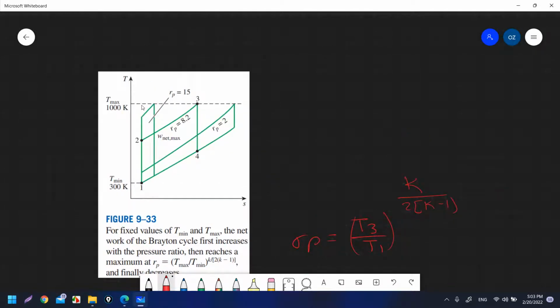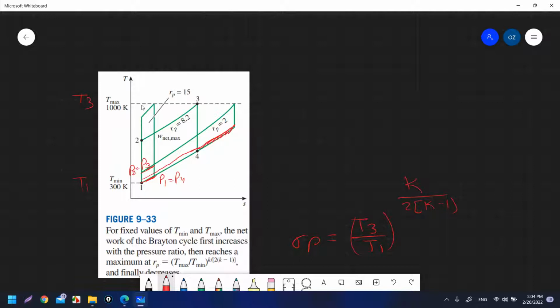Here, this graph represents that we have T maximum, the maximum limit, which is equal to T3, and T minimum, T1. By increasing the pressure ratio, what is the meaning of pressure ratio? This line represents P1 equal to P4, and this line will equal P2 equal to P3. So if I have P2 and P3 here, it's like this.